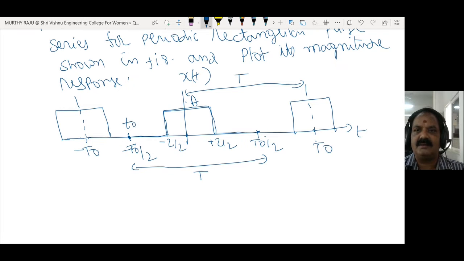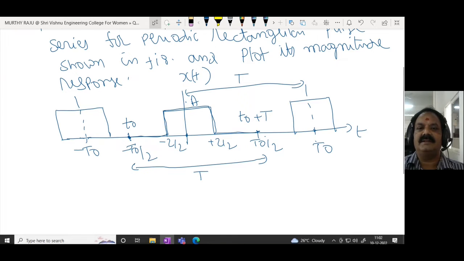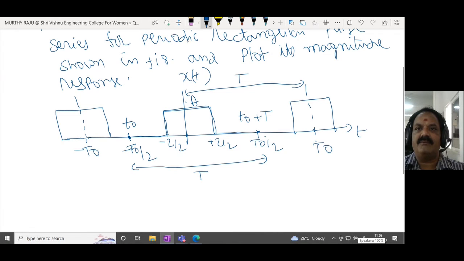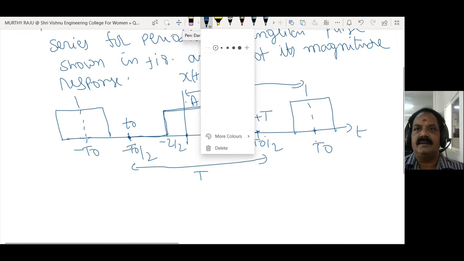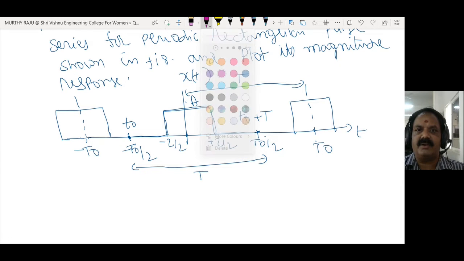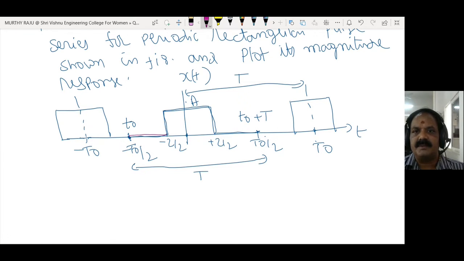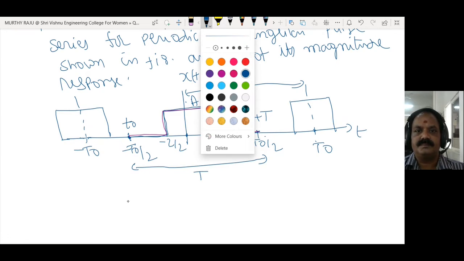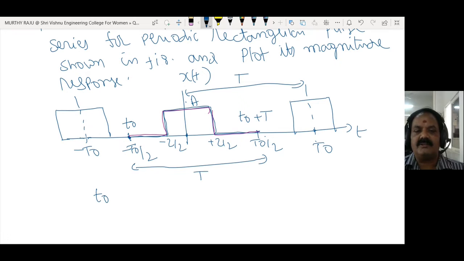This is t0, and this is t0 plus T, the time period of the waveform. This is one time period of the waveform. t0 is equal to minus T0 by 2, and t0 plus capital T is equal to T0 by 2.